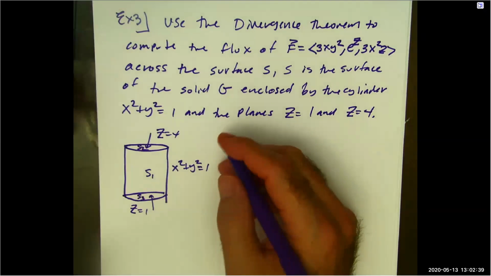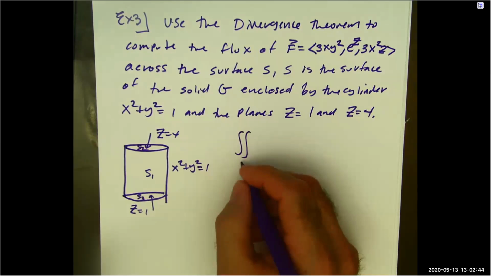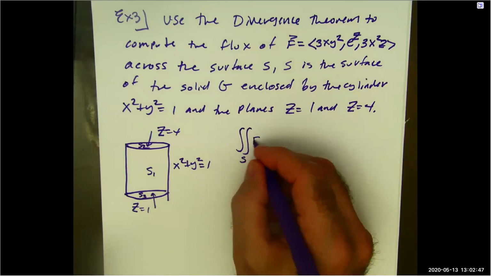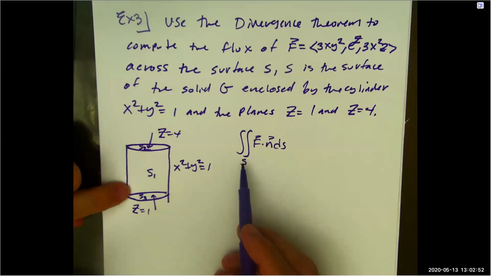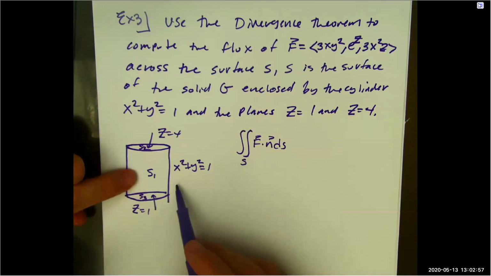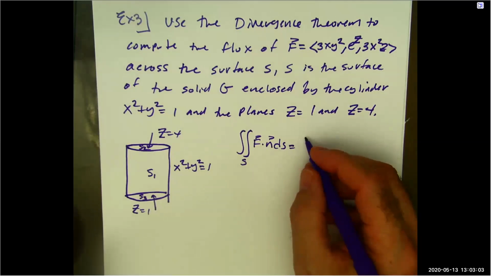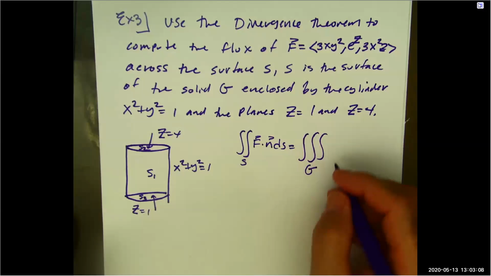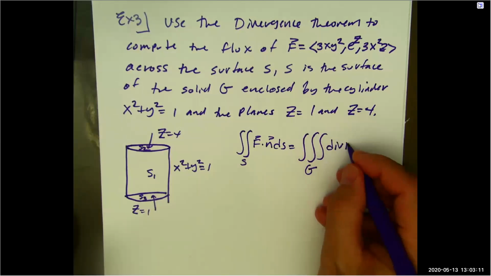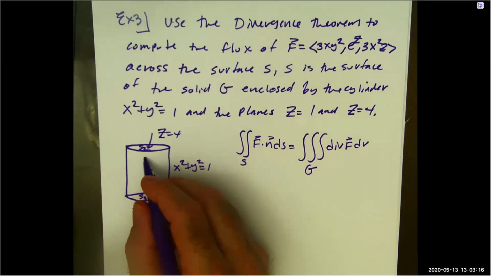What the divergence theorem says is that the flux integral of F dot n dS, which normally we would have to split up into 3 different integrals, an integral over S1, an integral over S2, an integral over S3, and then add them up, is just equal to the triple integral over G of the divergence of F dV, where in this case, G is our solid.